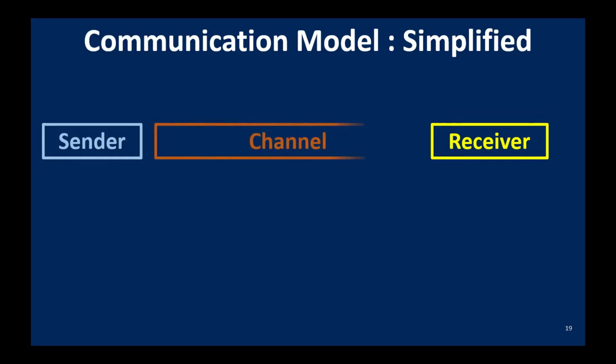And we have to get that message over to the receiver. Now, we send that message through what is called a channel, over to the receiver that they have access to.